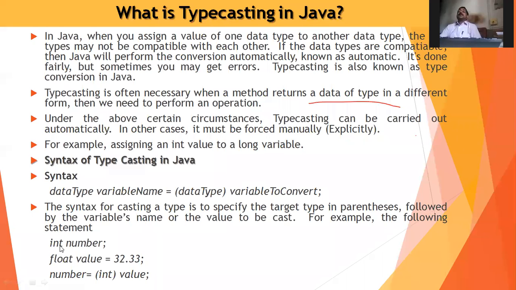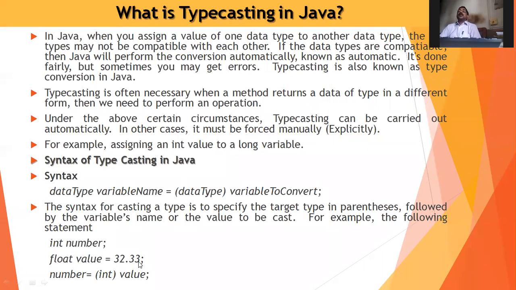For example, the following statement: integer number equals the float value 32.33. See here, the number is declared as an integer and the value is a floating point number.